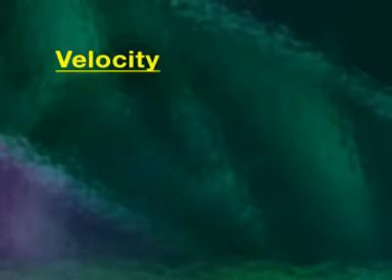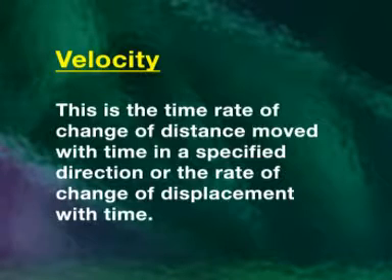Velocity is the time rate of change of distance moved with time in a specified direction, or the rate of change of displacement with time. For example, if a car covers 100 meters every second while it moves towards the west, its velocity is 100 meters per second west.